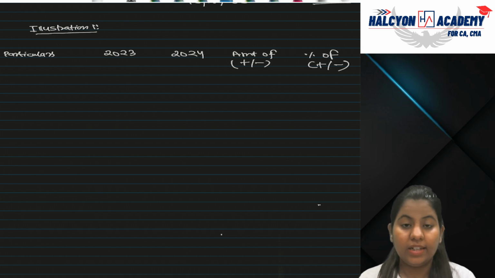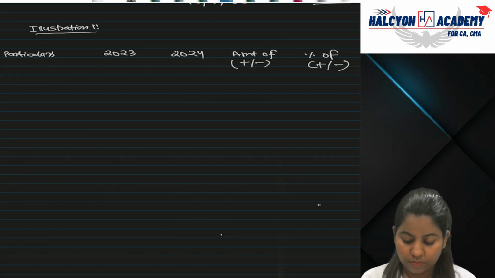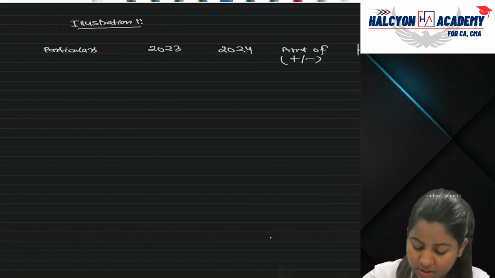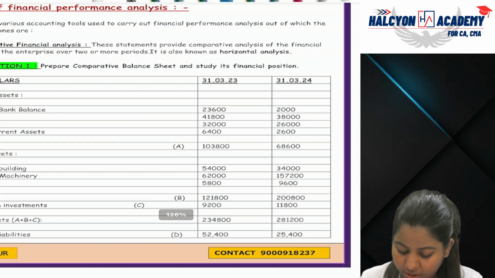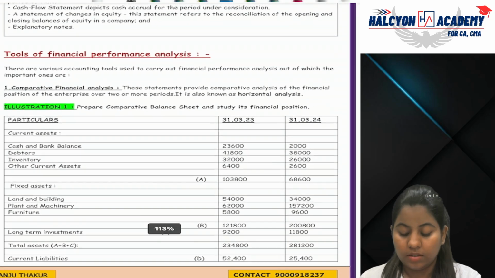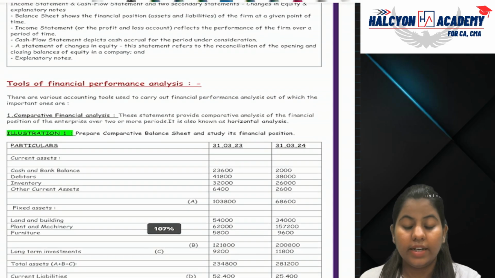I hope you have made the table. See, what is the first thing? Current assets. The first thing is current assets.